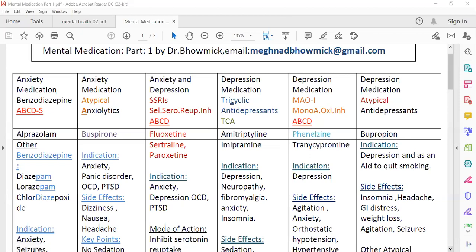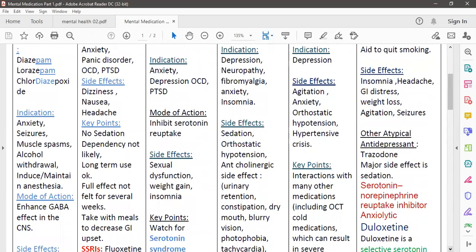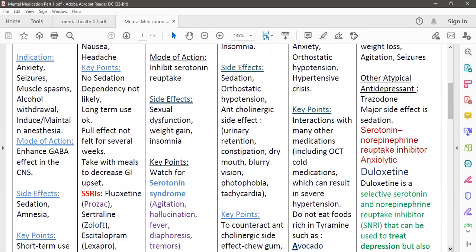The common indications of benzodiazepines, basically we use for anxiety or seizure. Seizure means involuntary movement of muscle or muscle spasm, alcohol withdrawal syndrome, right?